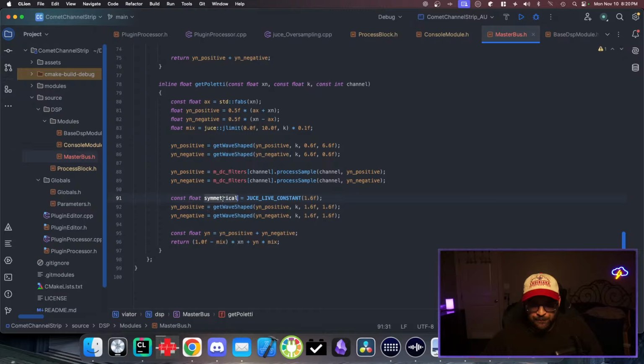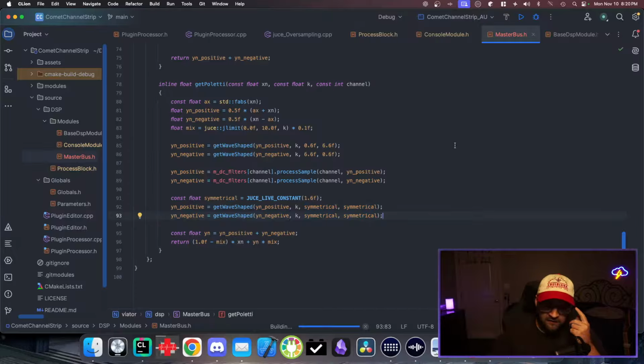So let's do that. Symmetrical, and then we'll just pass this here. Yes, okay, and that should be good enough to test. Having this in the sample loop is not the best thing, but we're just testing. Obviously, we wouldn't release a debug build anyway, and that juce live constant only works in debug.